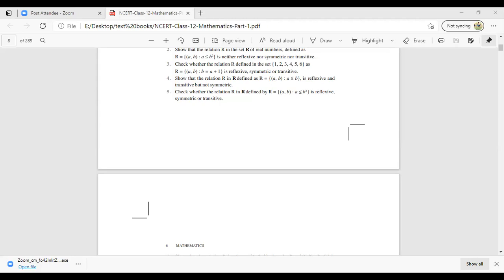So again, we have to find some numbers which will not satisfy.